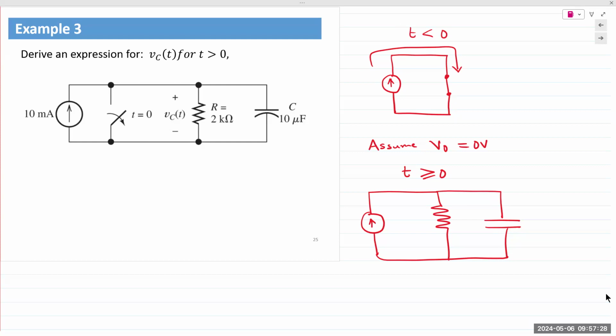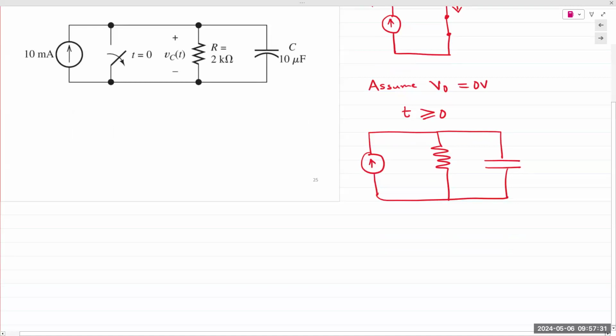Initial value is 0. Final value can be determined by applying Ohm's law.